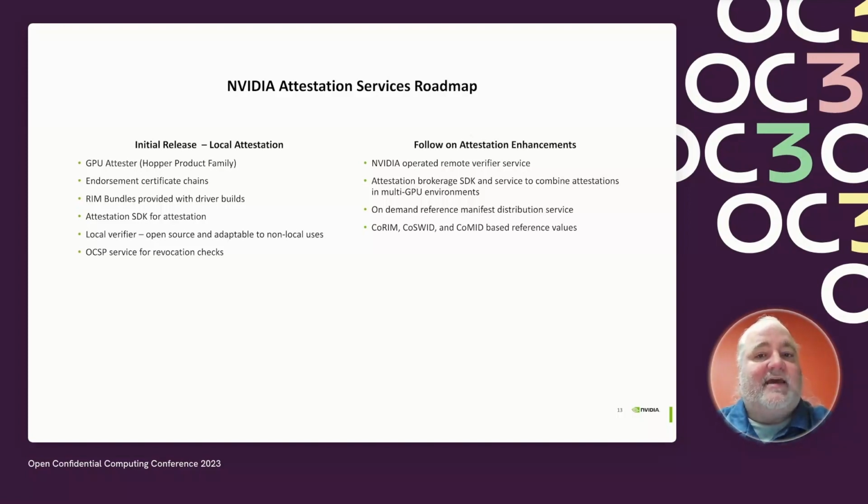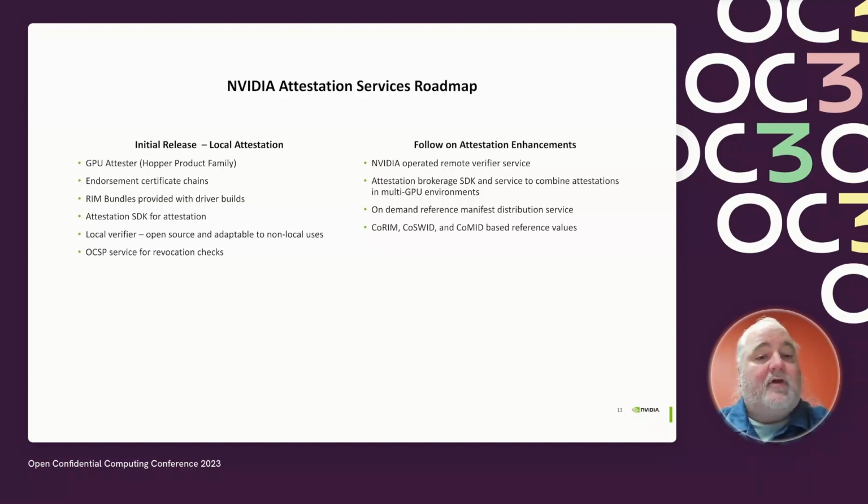That attestation SDK allows you to trigger attestation, to generate new nonces, to regenerate attestation as necessary, and to take the evidence and provide it to a verifier of your choosing, or you can provide it to the local verifier that we supply. The local verifier itself, as I mentioned before, will be open source this summer. It's not currently open source, but we do provide the local verifier.